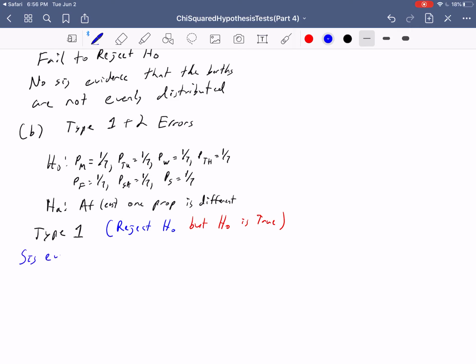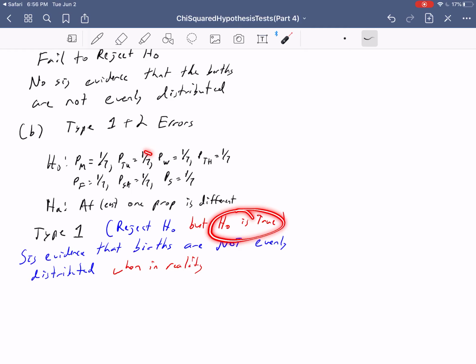So significant evidence that births are not evenly distributed, when in reality, what does it mean for H0 to be true? It means all of them are 1/7, which means they are evenly distributed. When in reality, they are evenly distributed.